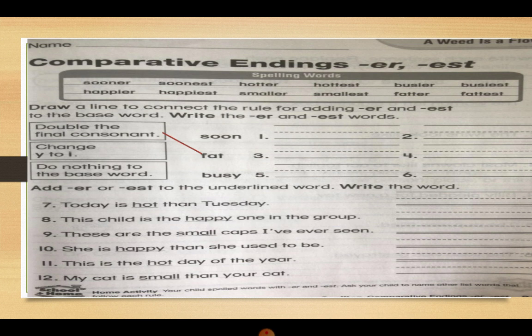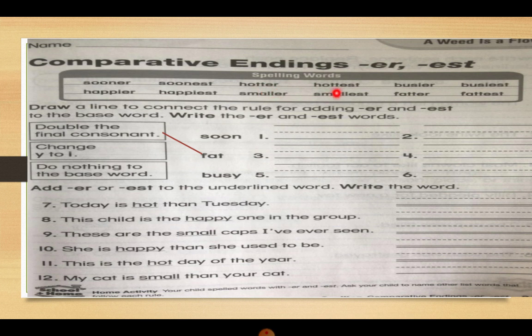Hopefully you got it and you see it an easy lesson. Now please get your readers and writers notebook on page 245. I'm going to read the words again. Sooner, soonest. Happier, happiest.